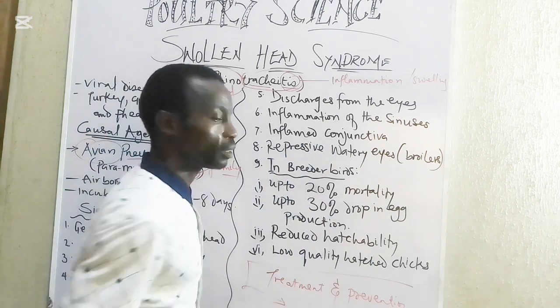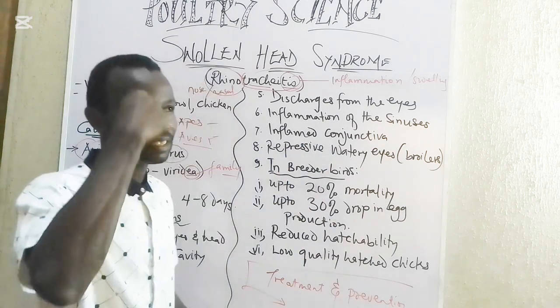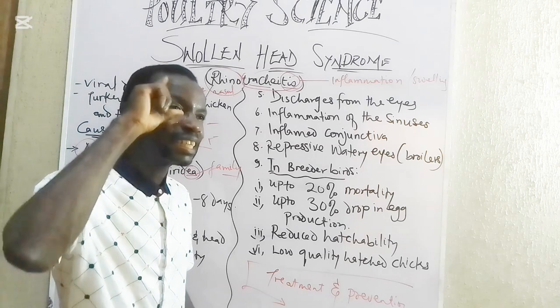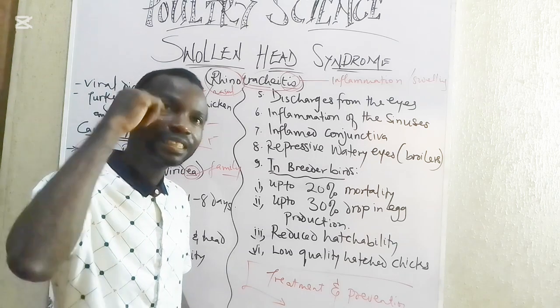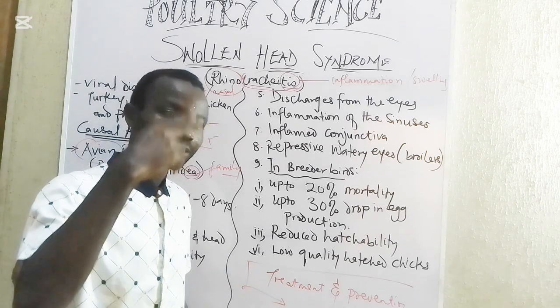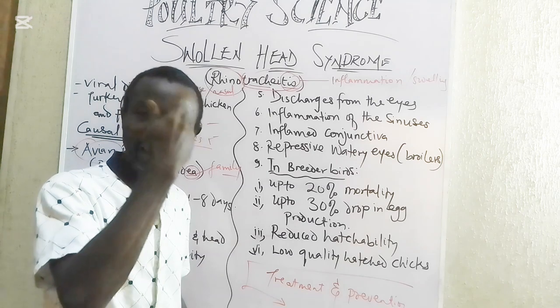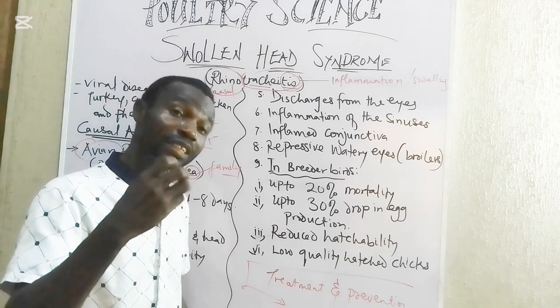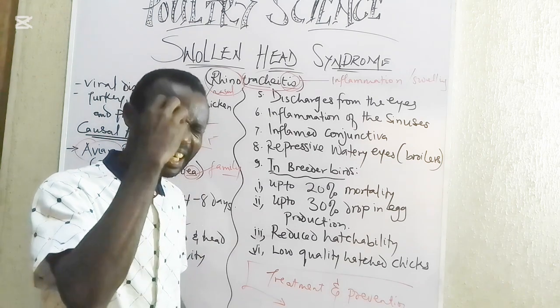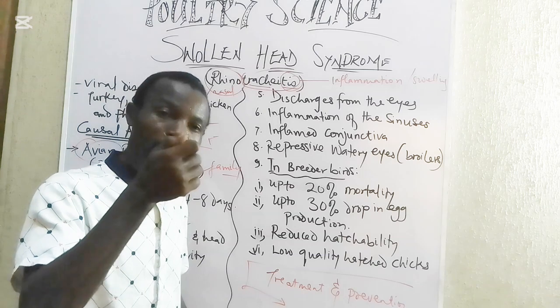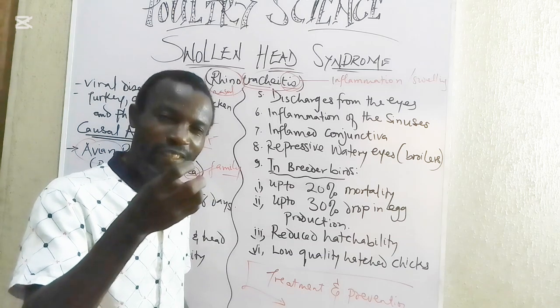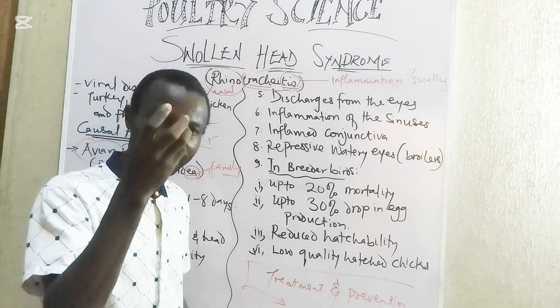Inflamed conjunctiva. Conjunctiva is a thin, sheet-like lining that covers the eyes. If it gets inflamed, you see reddening. It becomes red, it gets hot, and it gets swollen.